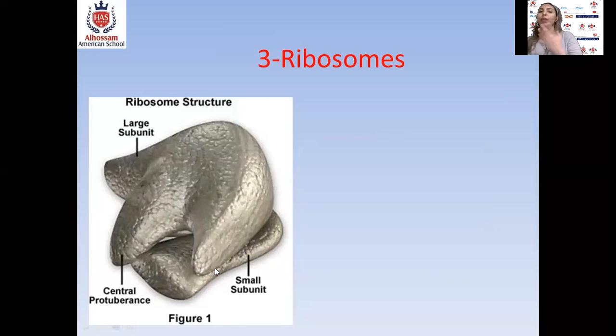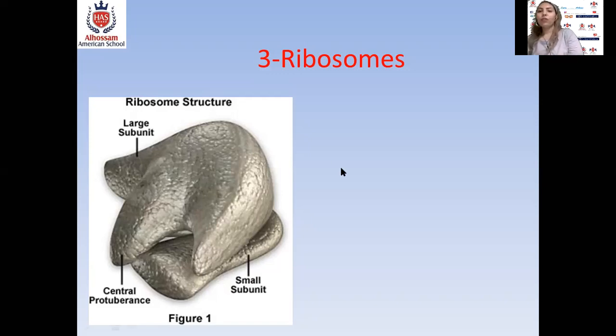They are separated in the cytoplasm, and they are connected together at the time of forming proteins. So the function of ribosomes is forming proteins. A strand of DNA comes and enters between the 2 subunits, and they start to make protein.